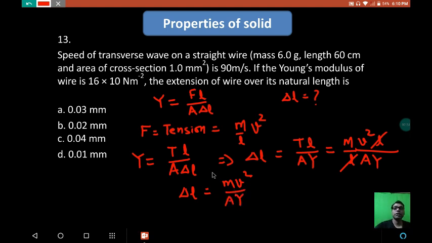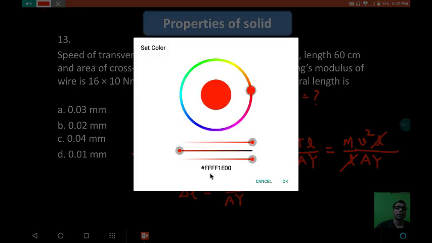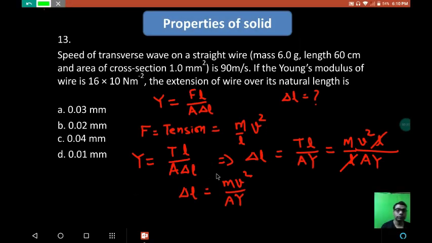Here we know each and every piece of data given in the problem. That is, we know the mass, the length, the area of cross section, the velocity, and we also know the Young's modulus. So it is very easy to put the values and get the answer.